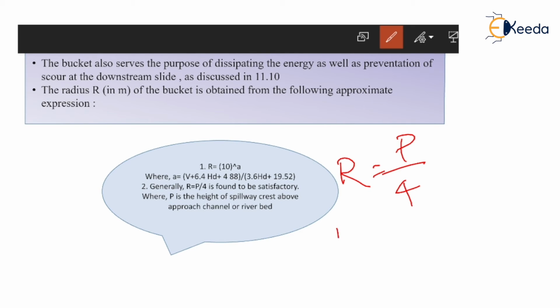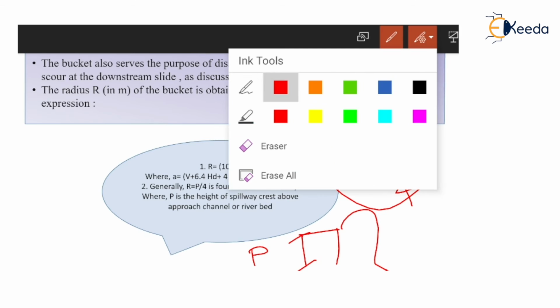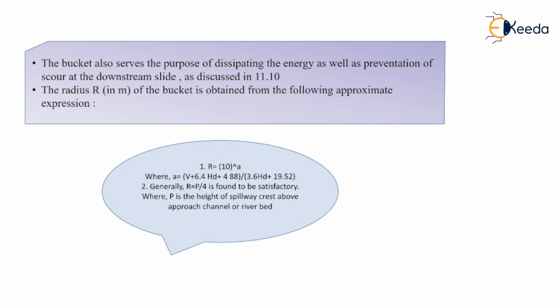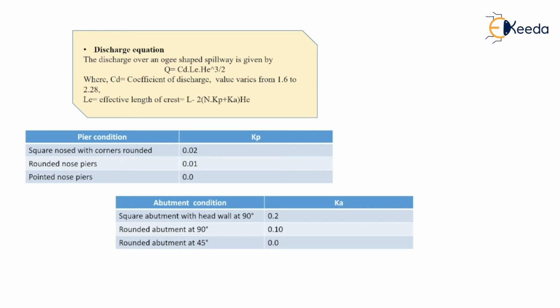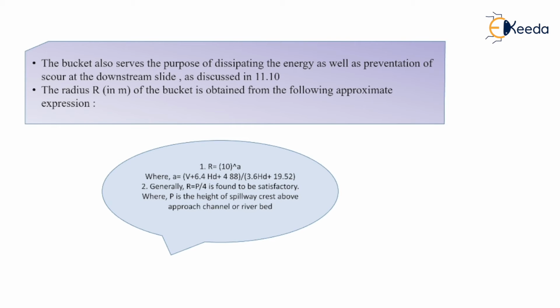P is nothing but the height of the water on the upstream side. So it should be one fourth of that height of water. It is satisfactory, so we can adopt this value and set up this bucket on the downstream part of our Ogee Spillway. We have seen in the numerical how we fix that bucket value. Just remember this value, R is equal to P by 4.